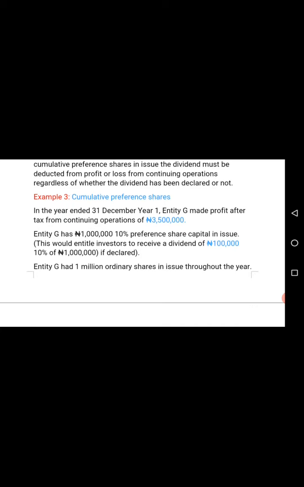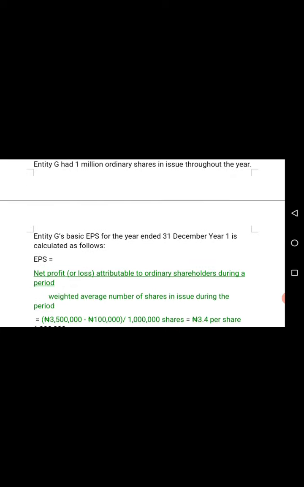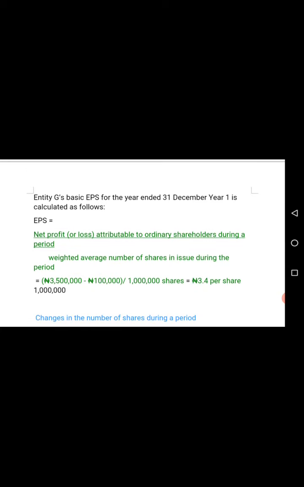Entity G has 1 million ordinary shares in issue throughout the year, so it doesn't change, it's still the same amount. Entity G's basic EPS for the year ended 1st December year 1 is calculated as follows. We have the same formula here: net profit or loss attributable to ordinary shareholders during a period divided by the weighted average number of shares in issue during the period.